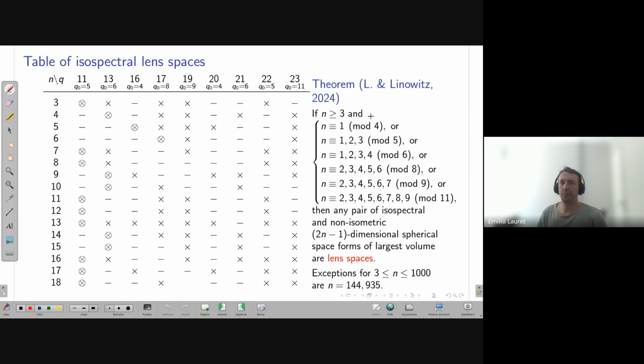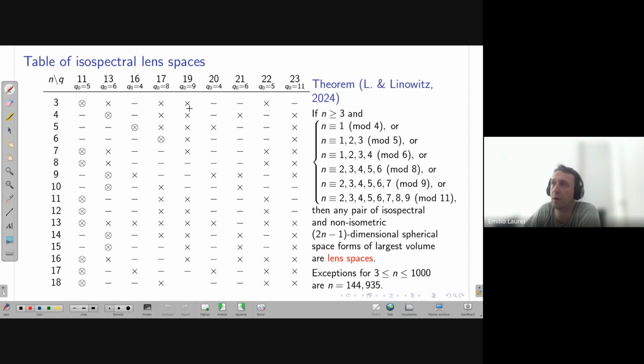Let me continue with the table. And this is the theorem in collaboration with Linowitz, previous to this one. What happened here? You take any isospectrality, not necessarily the one with the least number of elements.